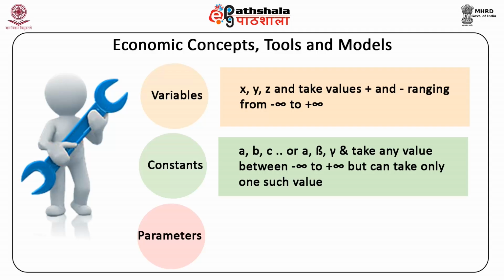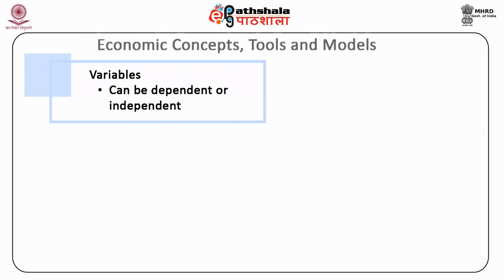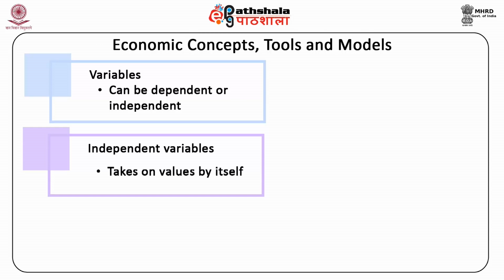Parameters are entities that can be assigned different values for different variants of an exercise but in any one particular variant can take only one such value. Variables can be dependent or independent. An independent variable takes on the values by itself.